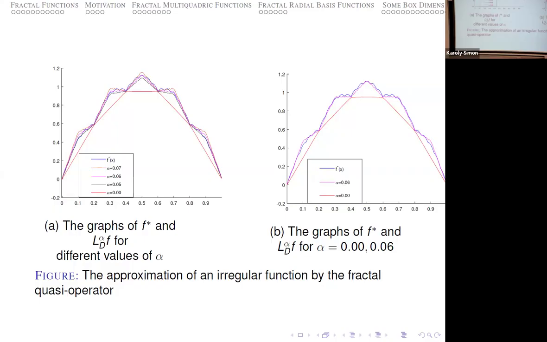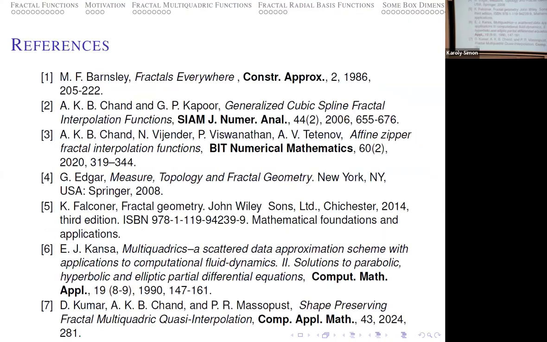In the classical case, this is the red one, which is a very bad approximation to the irregular curve. Here we apply the fractal multiquadric quasi-interpolant, and we got different types of approximation depending on the different values of alpha. We found that they are better approximations than the existing ones.